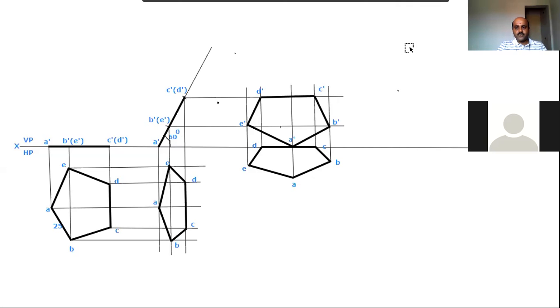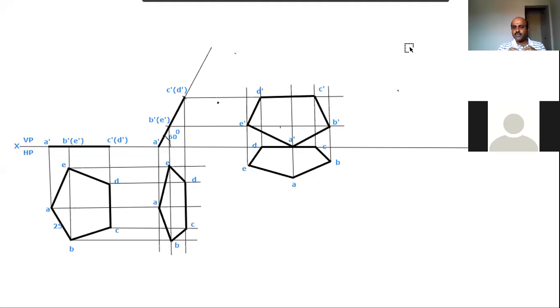So it is also saying it makes 30 degrees with the VP. Yeah, that's what I told you. See, when a lamina is inclined to HP at 60 degrees, it should by default be inclined to VP at 30 degrees, right? Because HP and VP are perpendicular to each other. So the data they have given is not useful in this problem.